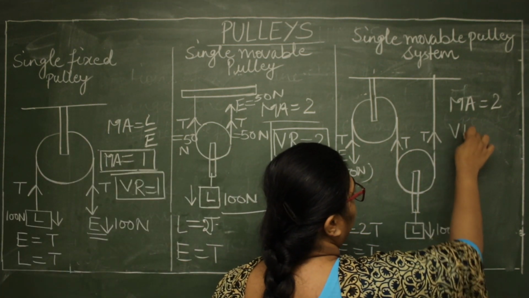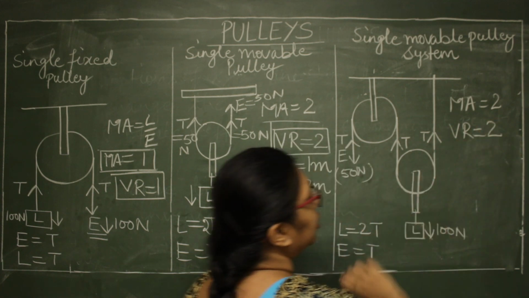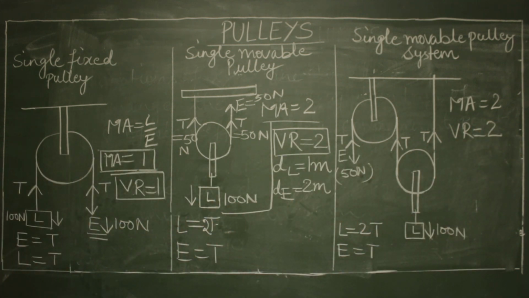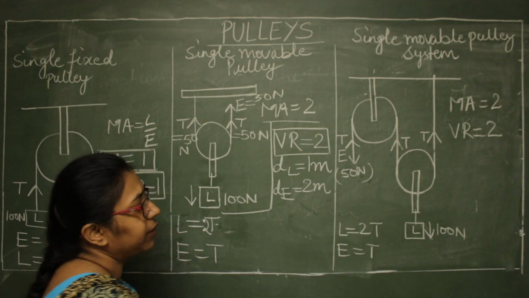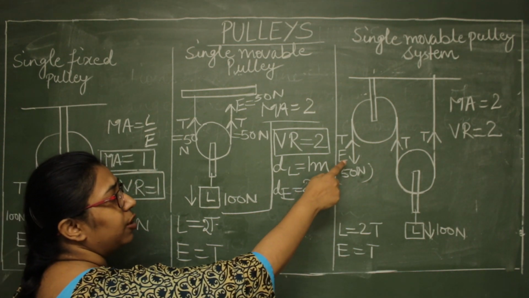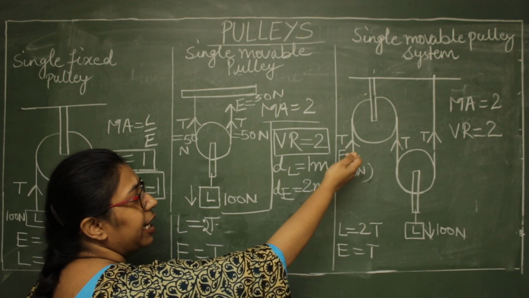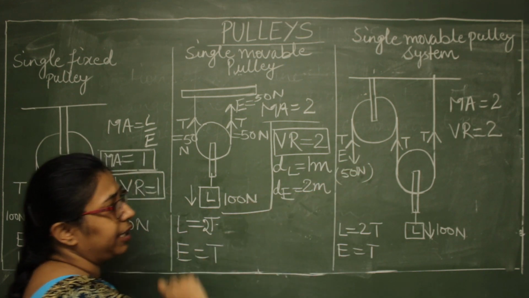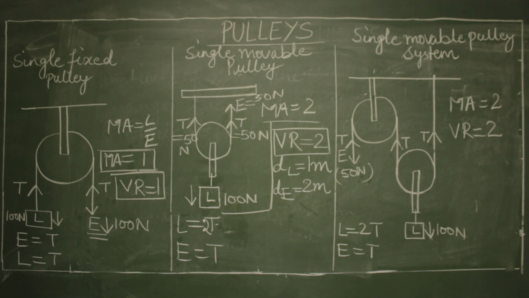Velocity ratio will also be equal to 2, and what does this mean? That means here also, if you want to lift a load up to a height of 1 meter, then the rope on the effort side needs to be pulled down by 2 meter. That means it has come at the cost of speed.